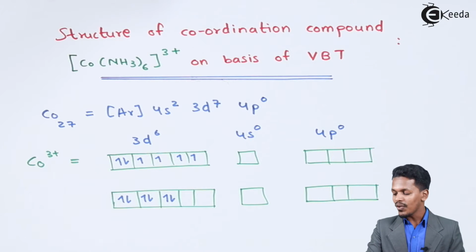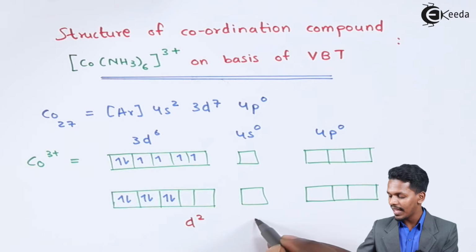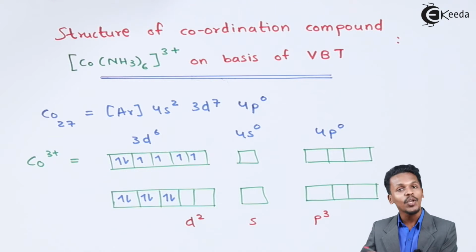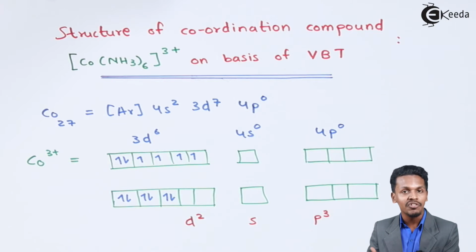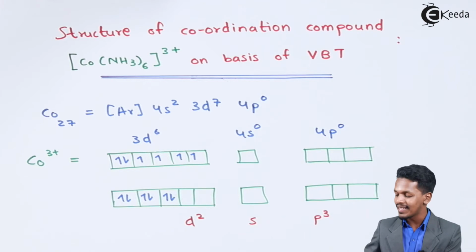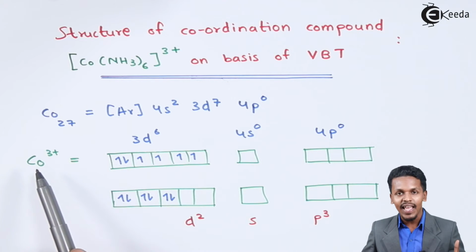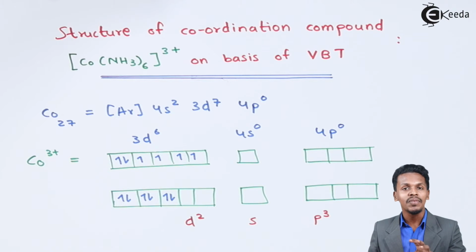That means we have 2 d orbitals, 1 s orbital, and 3 p orbitals. So the cobalt will undergo hybridization, and the hybridization is d2sp3, or we could also call it sp3d2. This hybridization of the cobalt 3+ ion gives the molecule an octahedral structure.